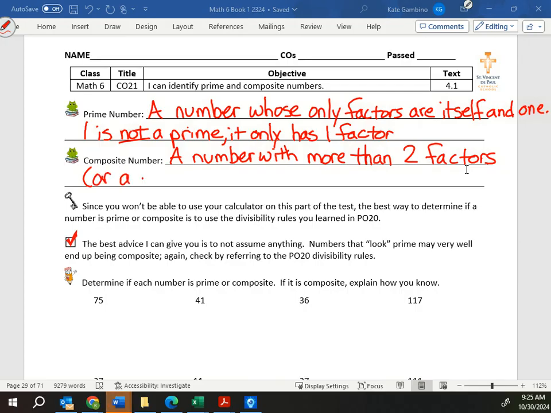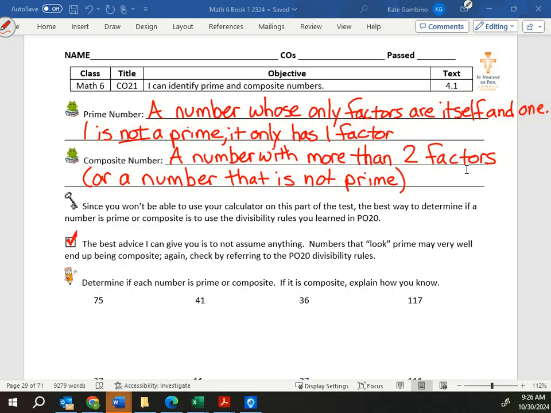Or it's a number that is not prime. So those prime numbers, the only way we can get to it with multiplying is to multiply itself by 1.